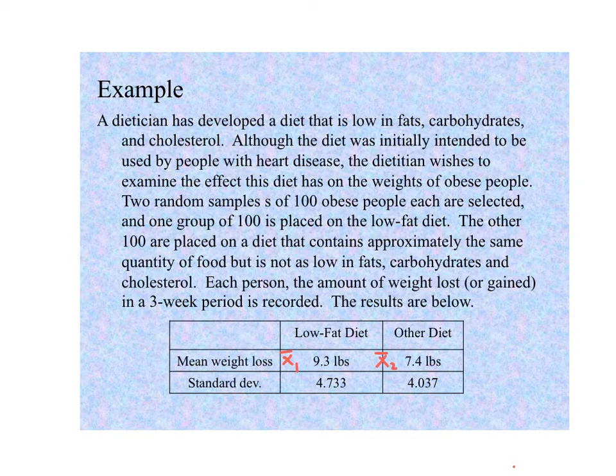Okay. The next thing is that they gave us the standard deviation. So I'm going to call this s1 and s2. Standard deviation 1, standard deviation 2. And it's up to you how you want to choose to number them. You can say the low-fat diet is my group 1 and the other diet is group 2, or vice versa, right? You can say the other diet is 1 and the low-fat diet is 2.